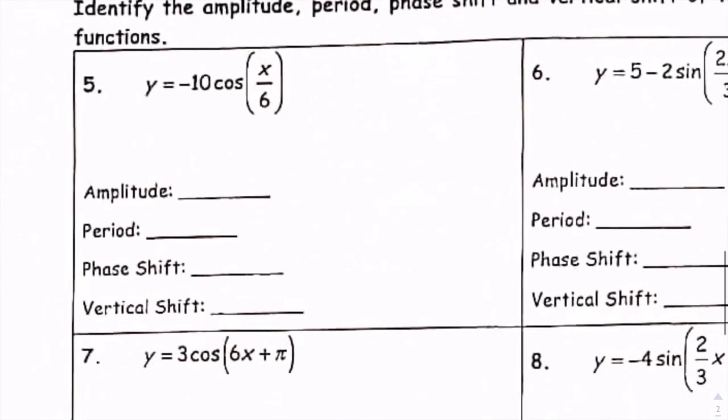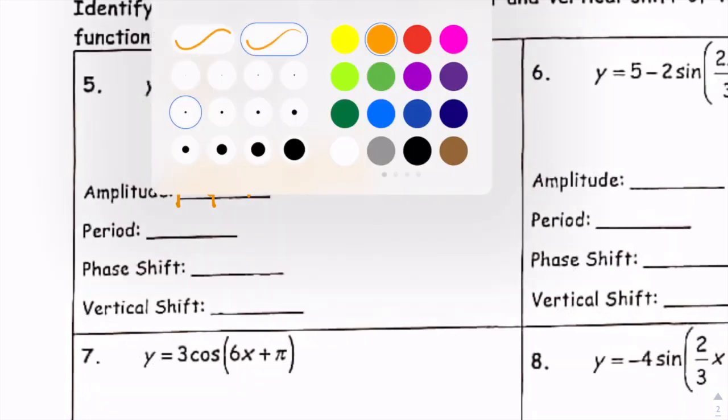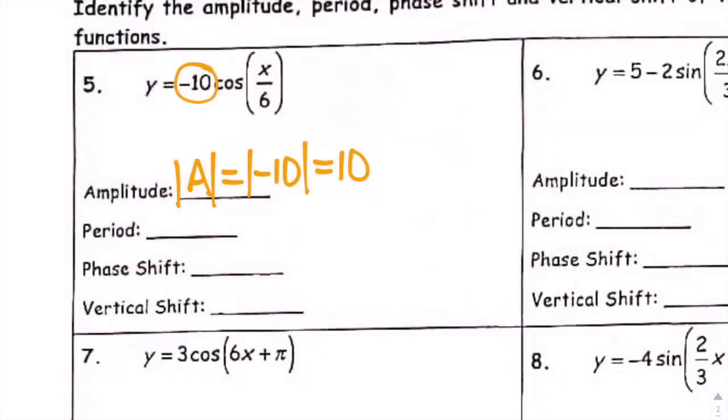Now if we keep going, we have right here our amplitude, if you remember from last time, is the absolute value of our a value. And so this is our a value, so it's the absolute value of negative 10 or 10. And then our period is 2 pi divided by the absolute value of b.